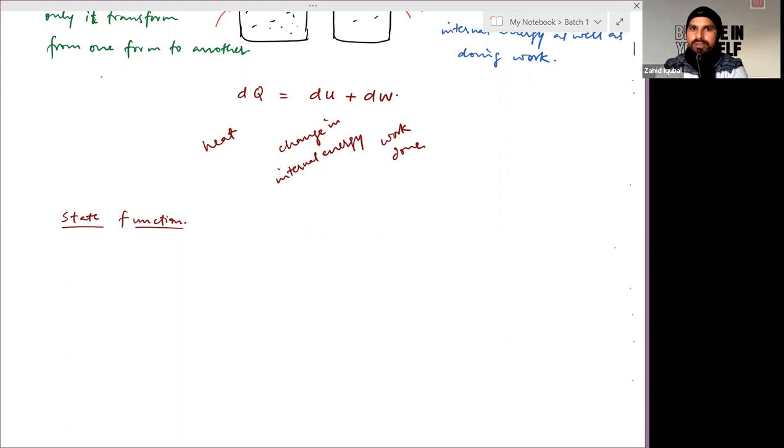A non-conservative force is a force for which work is path dependent. Similarly, a state function is a physical quantity which depends only on the initial and final point of the gas. It is independent of the path followed by the gas, just like the conservative nature of force. Then it is called a state function. Is it clear? Khalid, any doubt?